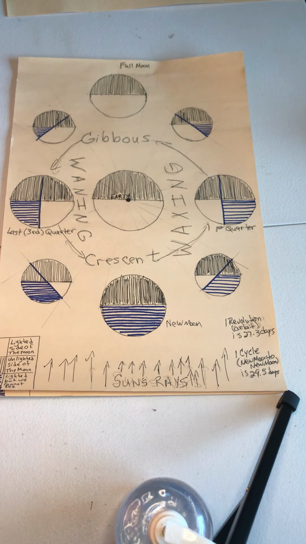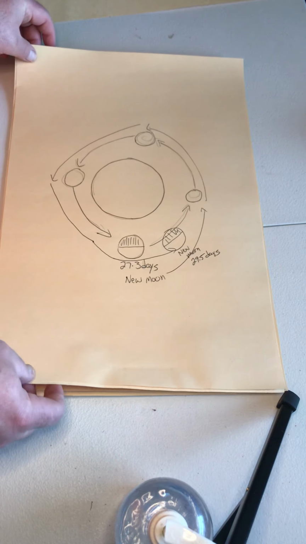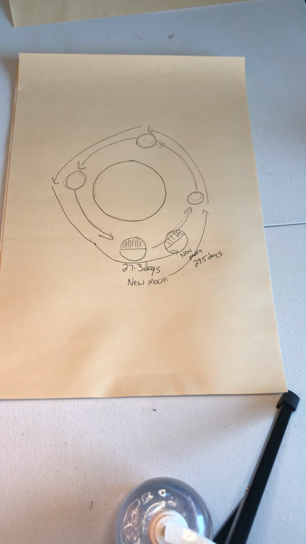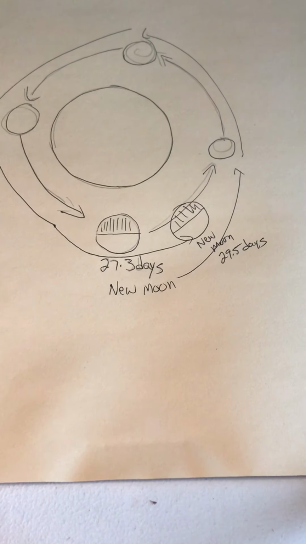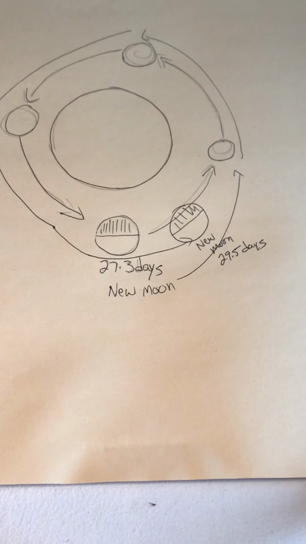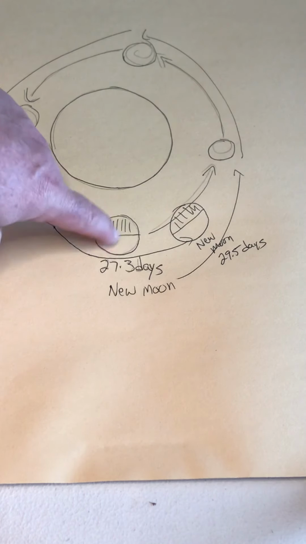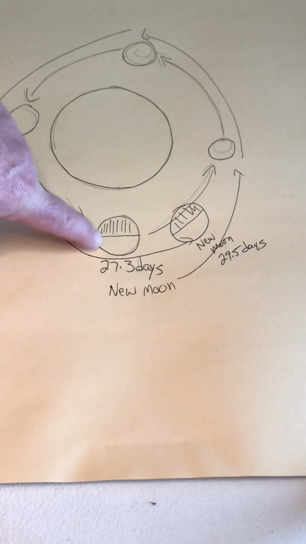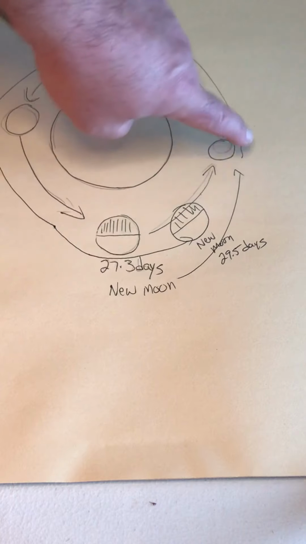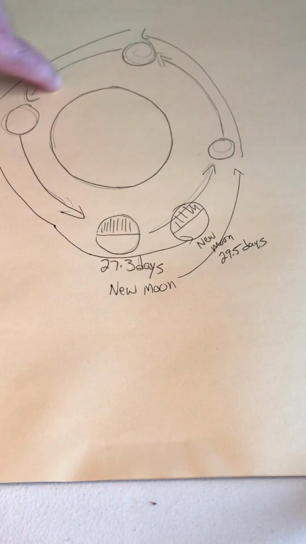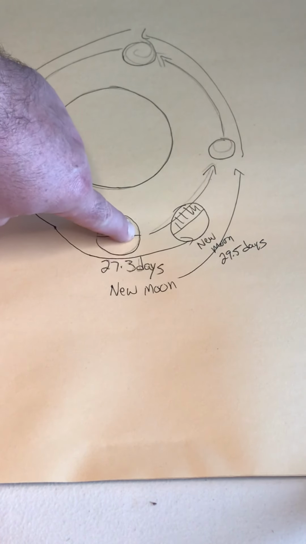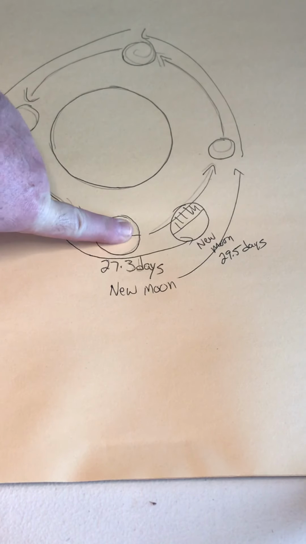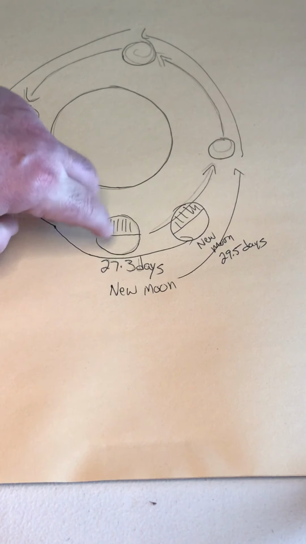All right. Now to illustrate that, I've got this poster, and what I've got is the Earth with the moon going around it, and the moon starting right here, new moon, and to go all the way around the Earth back to its starting position right here is 27.3 days.